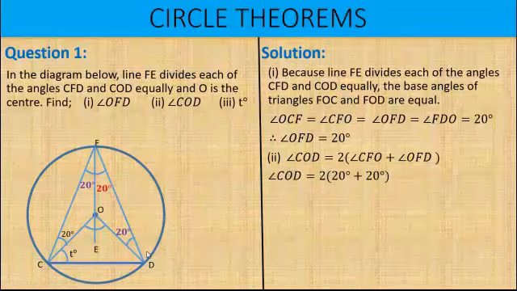So by substitution, we can say that angle COD is equal to 2 times bracket open 20 degrees plus 20 degrees bracket close. So when we add 20 degrees to 20 degrees, we get 40 degrees multiplied by 2. And then we have angle COD equals 80 degrees, because 2 times 40 degrees is equal to 80 degrees.